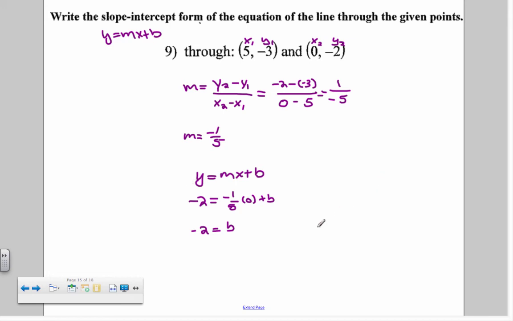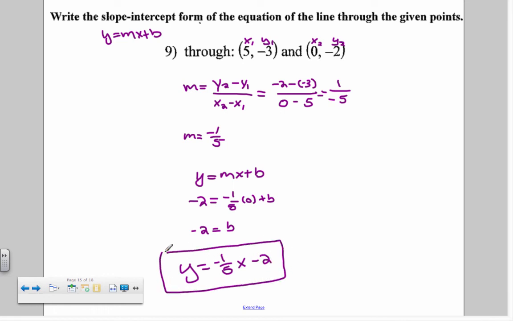And you should get that your y-intercept is negative 2. So now that I have my m and my b, I can rewrite this equation as y equals m, which is my negative 1/5, x, plus b, which is negative 2. And there is the slope-intercept form of the equation through the points 5, negative 3, and 0, negative 2.